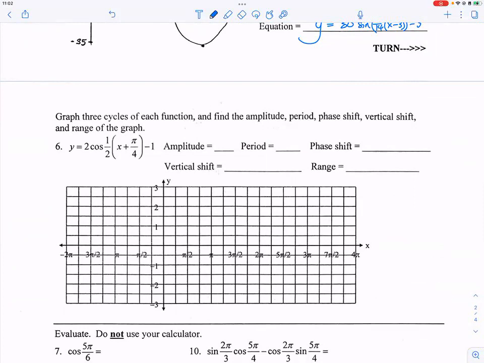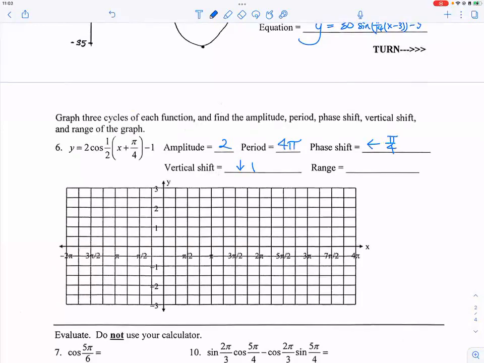What's the amplitude? 2. What's the period? 4 pi. Excellent. What's the phase shift? To the left, pi over 4 units. Vertical shift, down 1. What's the range?